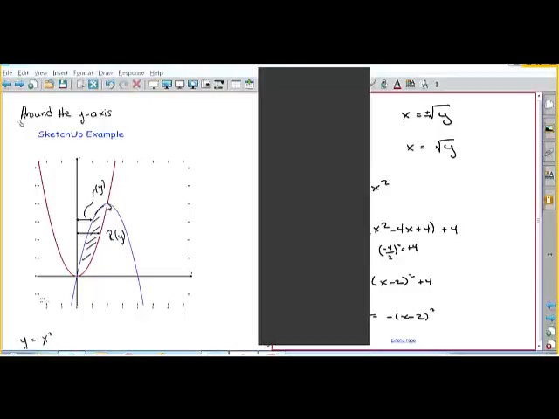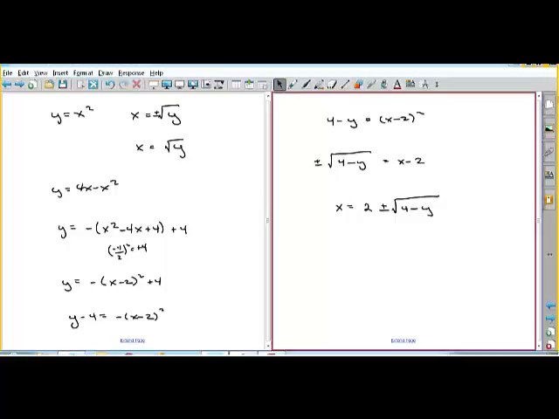Here's 2, and if you go to the right, you would think it would be something, and if you go to the left, you would think it's something else. It's negative because this is on the positive side and this is on the negative side. So the answer is negative. So we would use x equals 2 minus the square root of 4 minus y.